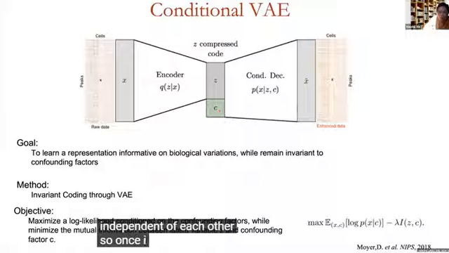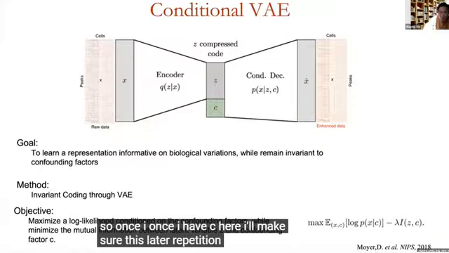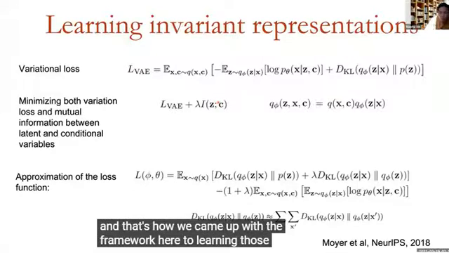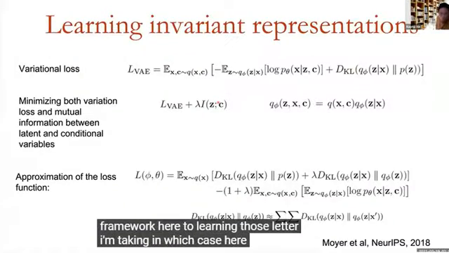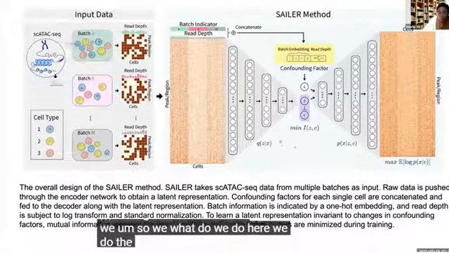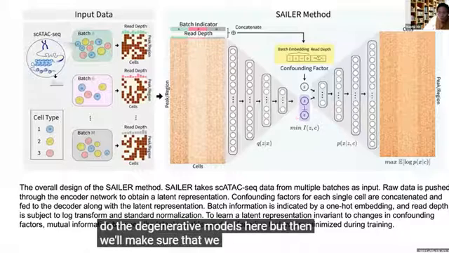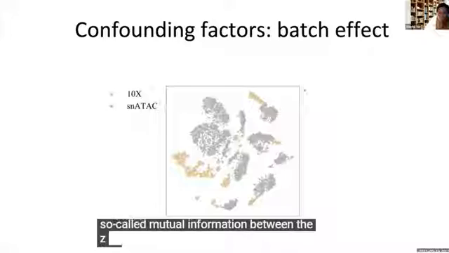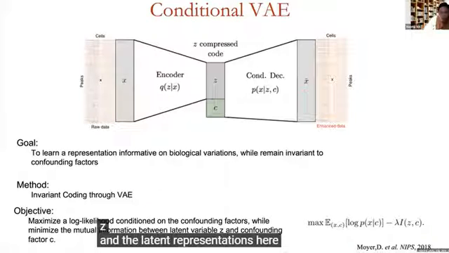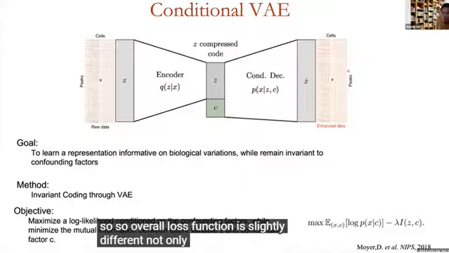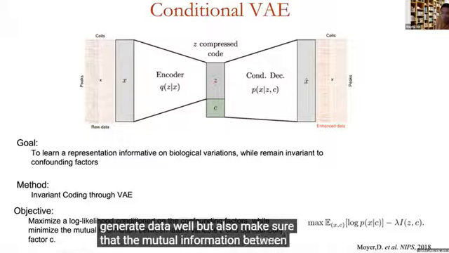So once I have C, I'll make sure this latent representation is completely independent of C. And that's how we came up with the framework for learning those latent representations. We use the deep generative models, but we also want to minimize the so-called mutual information between Z and C. And so the overall loss function is slightly different. We not only want to make sure we are able to generate data well, but also that the mutual information between them is minimized.